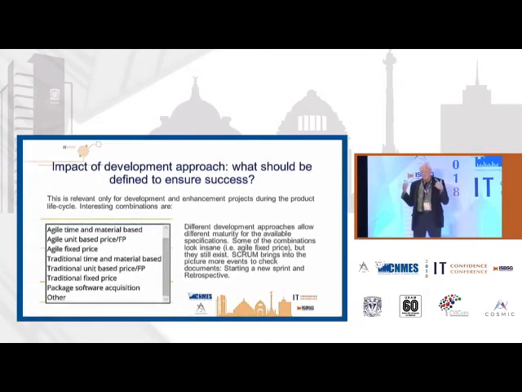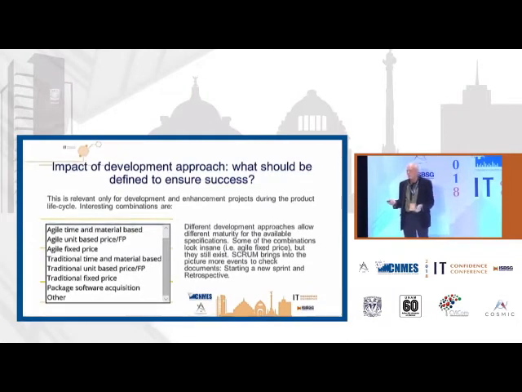So if we think about traditional fixed price project, we need all documentation before starting any development. But if we have agile time and material based project, we don't need all that documentation in advance, but we can improve the documentation, and we just need to know that, do we still have any money left?